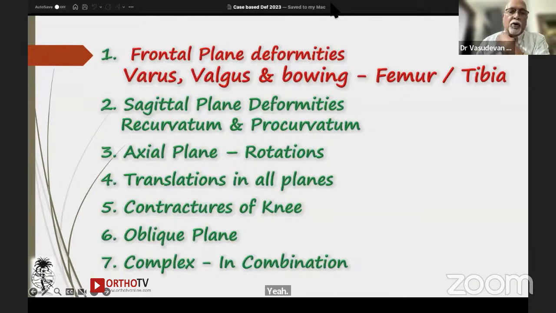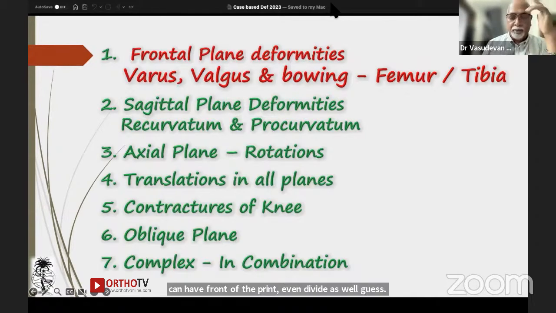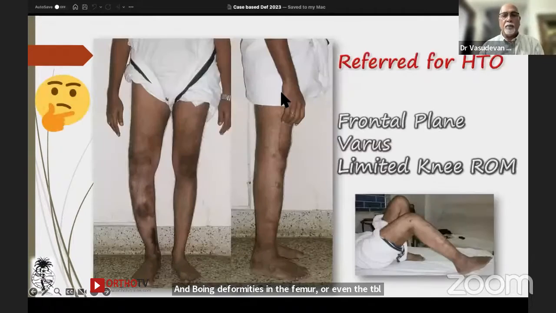Now we go on to frontal plane deformities. You can have frontal plane deformity, varus, valgus, and bowing deformities in the femur or even the tibia. So he was actually referred to me for HTO. He had a frontal plane varus deformity and limited knee range of movements.